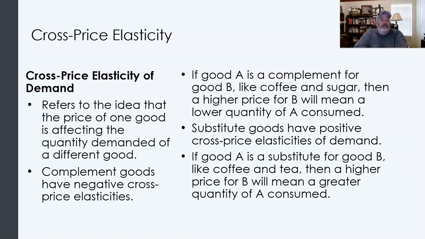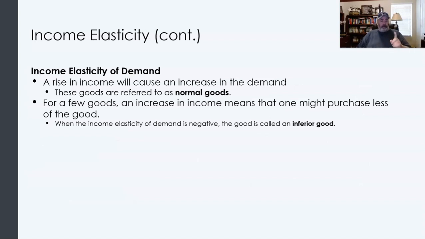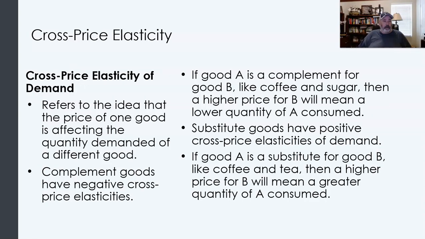And here's cross-price elasticity. This is the idea that the price of one good is affecting the quantity demanded of a different good. So the easy way to remember the last one: negative is inferior. Makes sense? Positive is normal. For cross-price, there's not going to be an easy way to remember this, but complementary goods have negative cross-price elasticities. And substitute goods have positive cross-price elasticities.